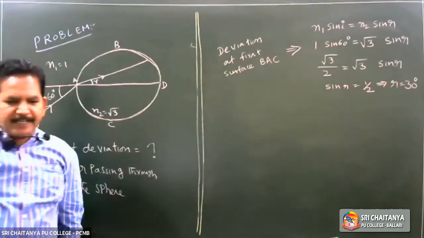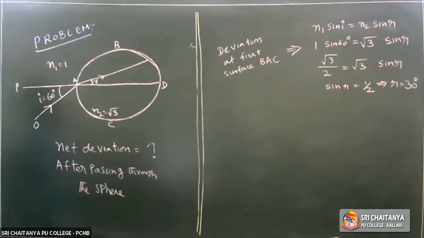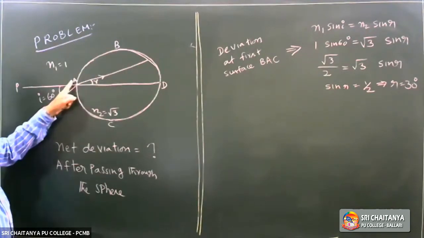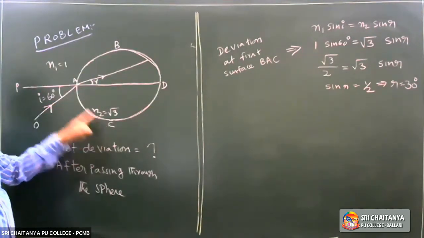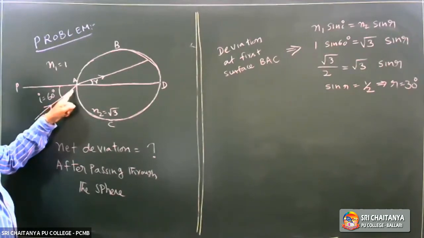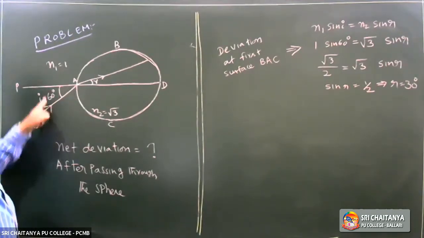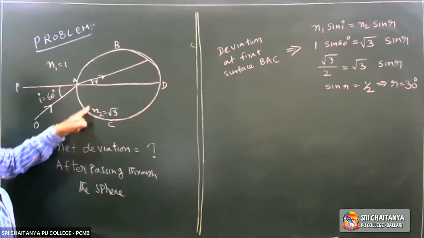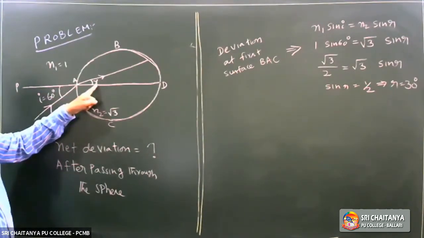Refraction at a spherical surface. Slightly difficult problems. Near the first surface, BAC, refraction takes place. I value 60, N1 value 1, N2 value root 3, R value I have to find out.